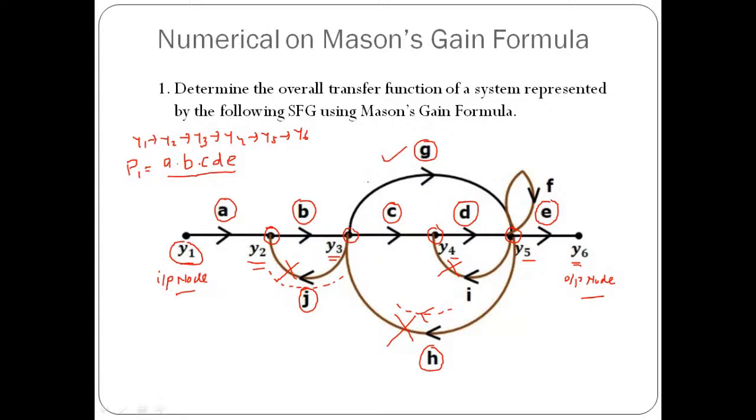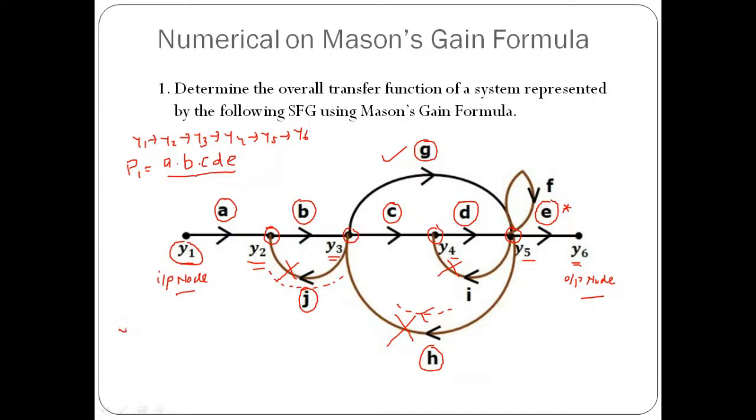So here we need to take only this forward path, that means from y3 directly to y5 through gain G, and then from y5 to y6 we follow this particular branch of gain E. So this will be the second forward path. How can we write the second forward path?